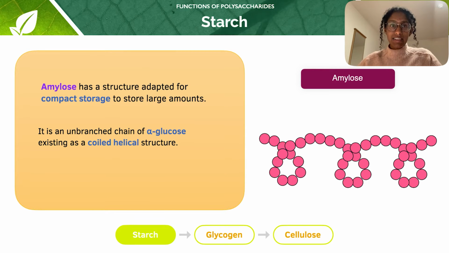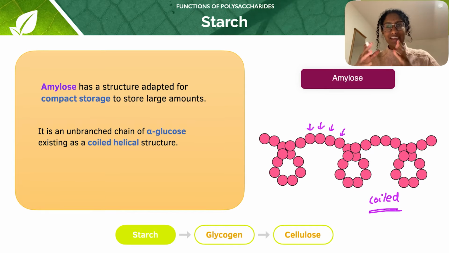The reason it's adapted for compact storage is because it's made up of these alpha-glucose monosaccharides joined together in condensation reactions, as we've met before, to form this long polysaccharide chain of amylose, which in turn is coiled, which means that it has a really nice compact structure. It has a helical structure, a bit like DNA, so it fits really compactly into the plant cell, which is a really valuable property of amylose.